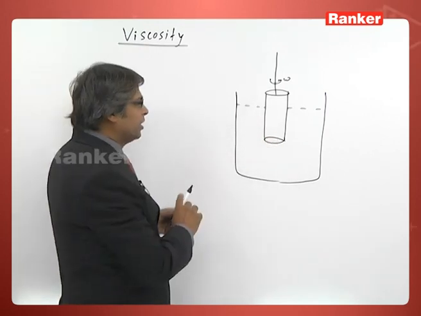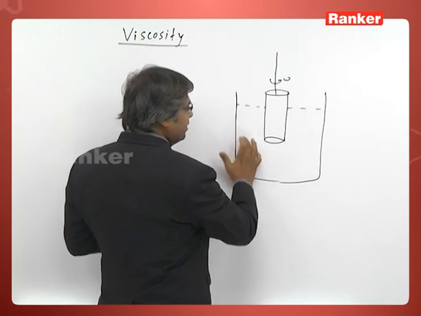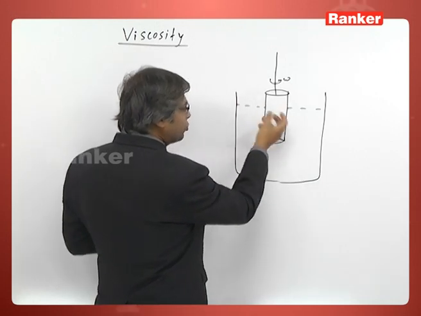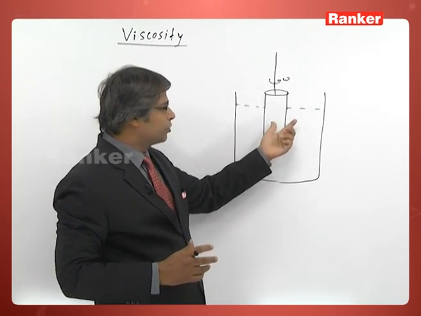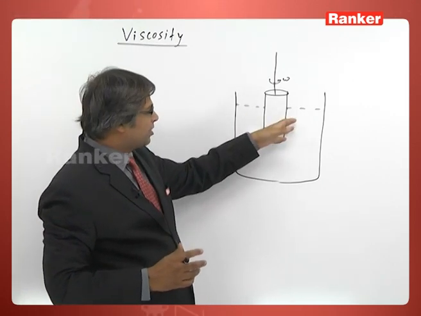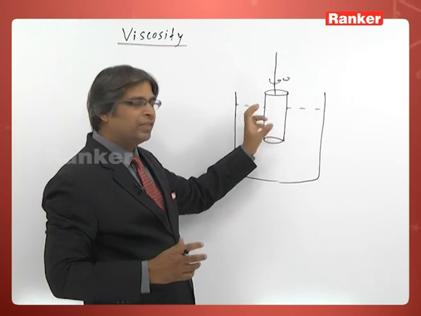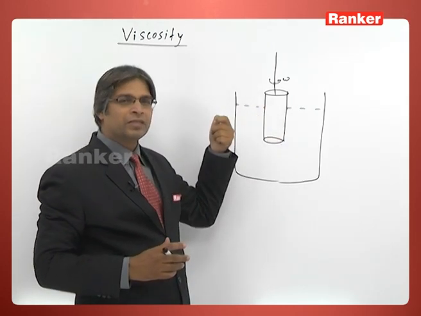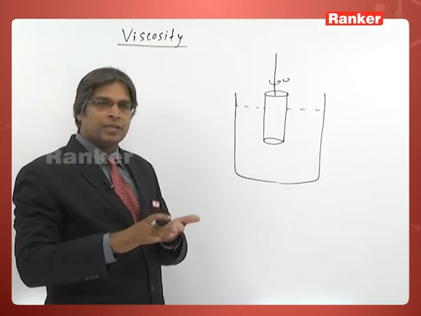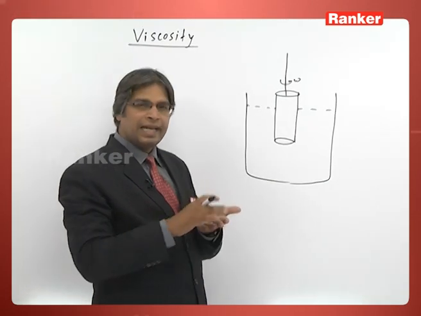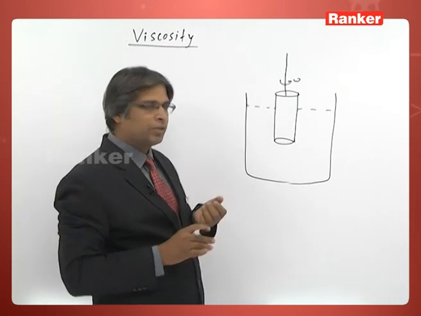That means this liquid has applied a torque, and this friction between these two, which we call viscous, the shear strain this liquid applies in order to stop it, will be due to viscosity. So, this friction between liquid layers will be called viscosity.